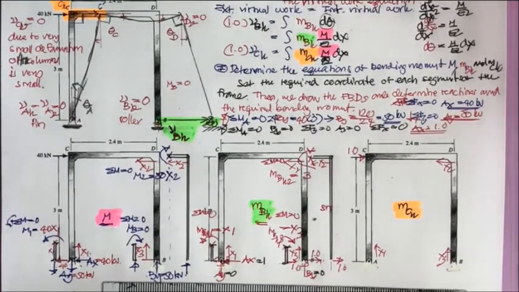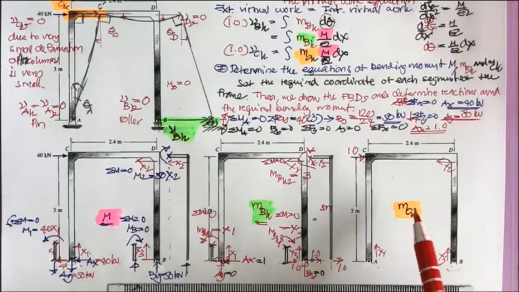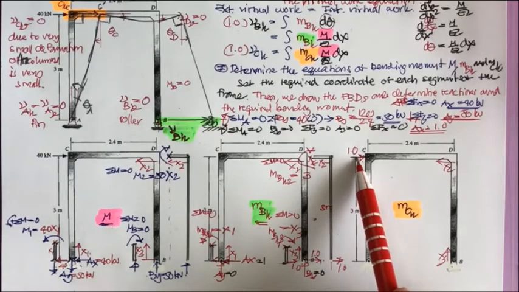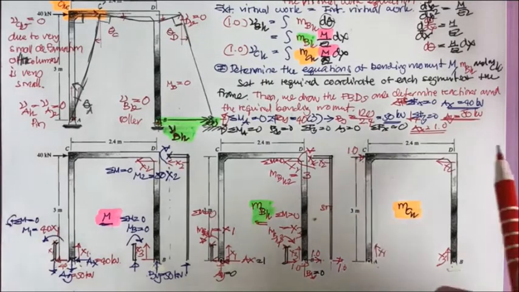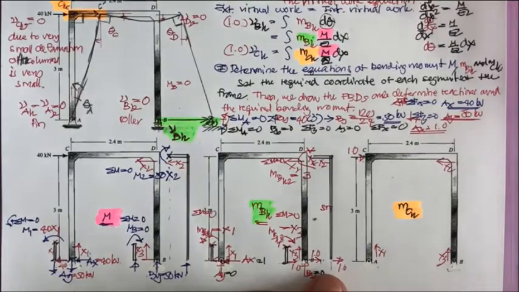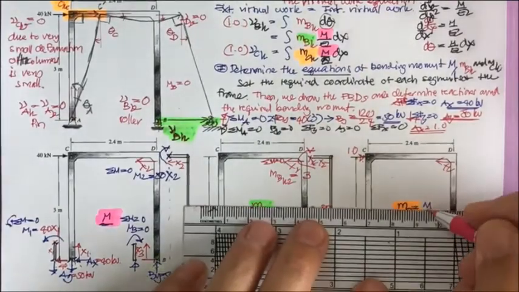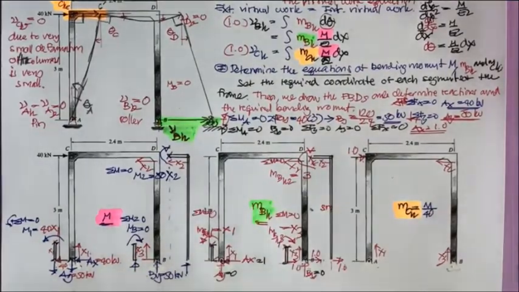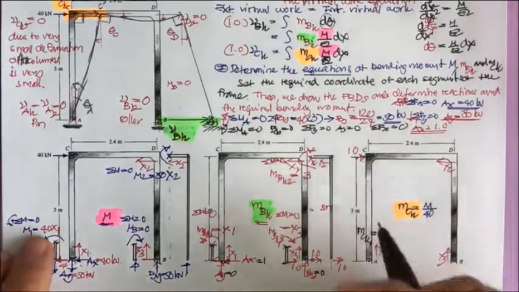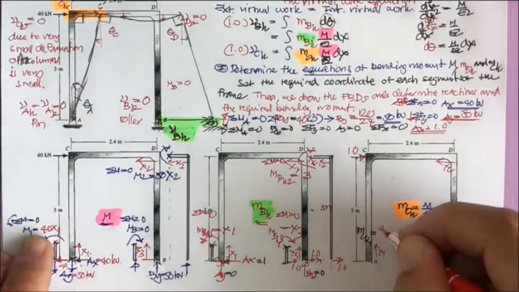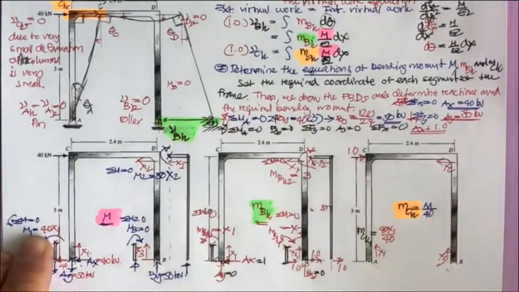The last one, if you consider here closely, this one unit force is in the same direction as this 40 kilonewton. So this is going to be equal to m divided by 40. So we're going to have m sub ch1 equal to 40 x1 divided by 40.